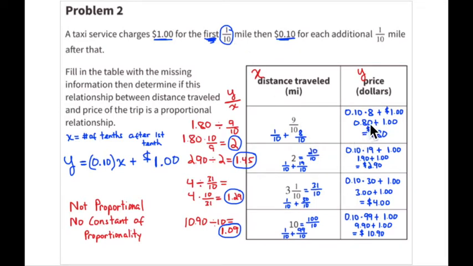So 80 cents divided by 8 tenths, $1.90 divided by 19 tenths, $3 divided by 30 tenths. Those are all equal to 1. So that constant of proportionality is 1, but I'm using a constant of proportionality over here of 1/10. So I was wondering, why is that?